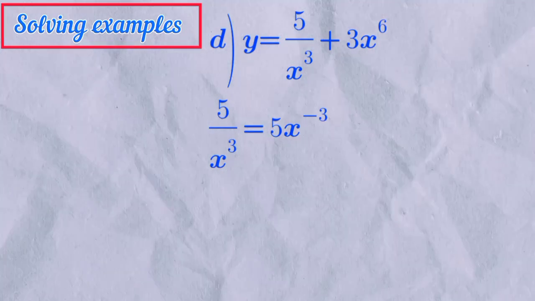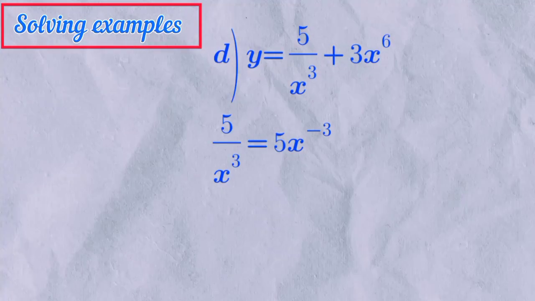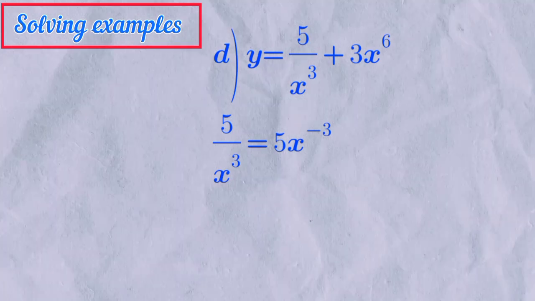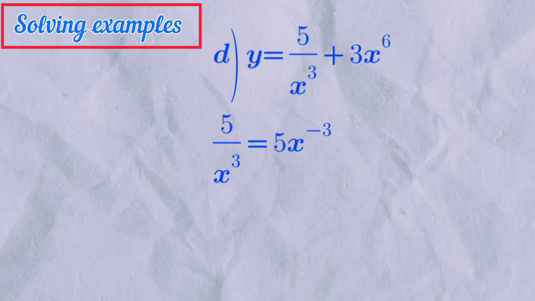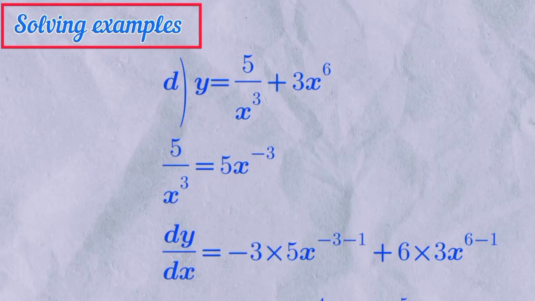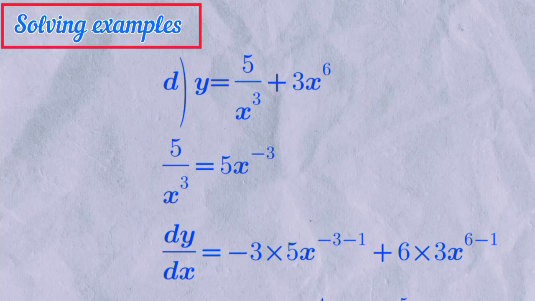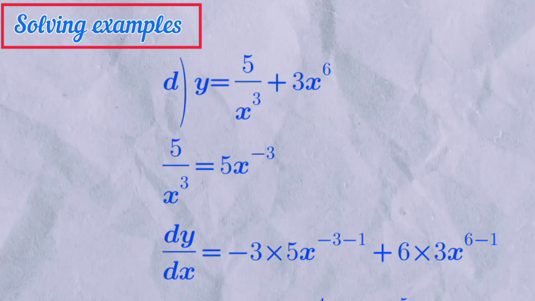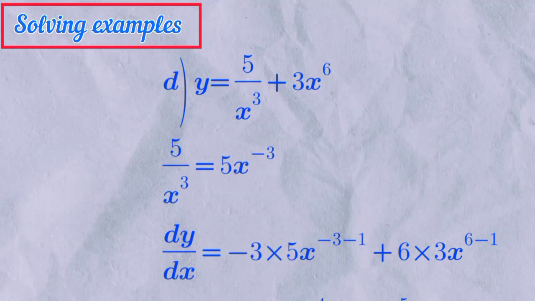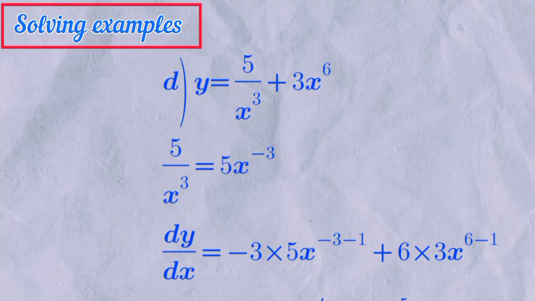So we have our equation as y equals 5x raised to the power of minus 3 plus 3x raised to the power of 6. And when we differentiate, we have minus 3 multiplied by 5x raised to the power of minus 3 minus 1, then plus 6 multiplied by 3, then x raised to the power of 6 minus 1.